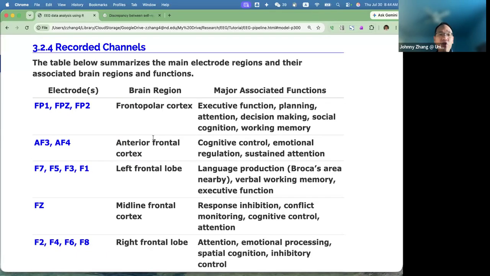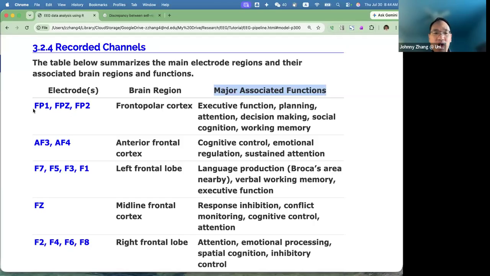So there are 64 channels. This is the name of each electrode or channel, and this is the region where the channel or electrode was placed. I also list the major functions those electrodes measure.